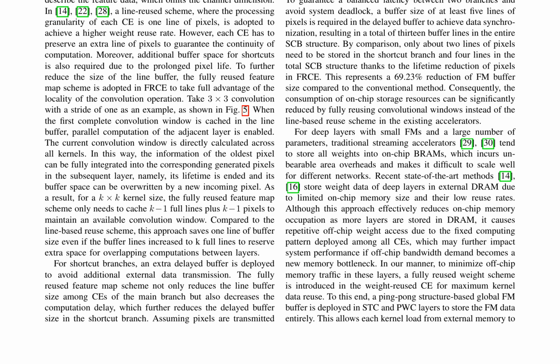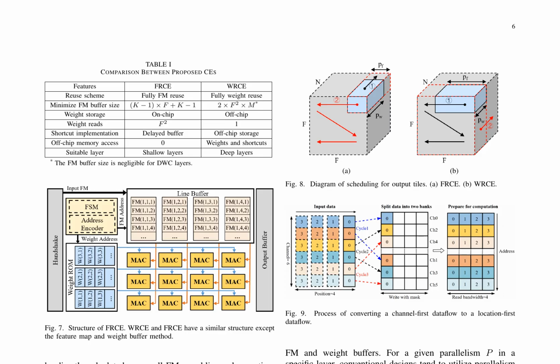The fully reused feature map scheme reduces the line buffer size by caching convolution windows, allowing for a higher weight reuse rate. This approach saves one line of buffer size compared to the line-based reuse scheme and decreases computation delay. The design targets shallow layers for FRCEs and deep layers for WRCEs to achieve optimal performance.